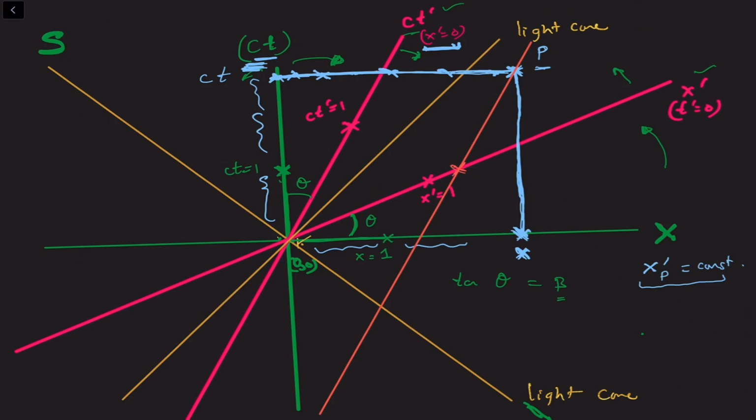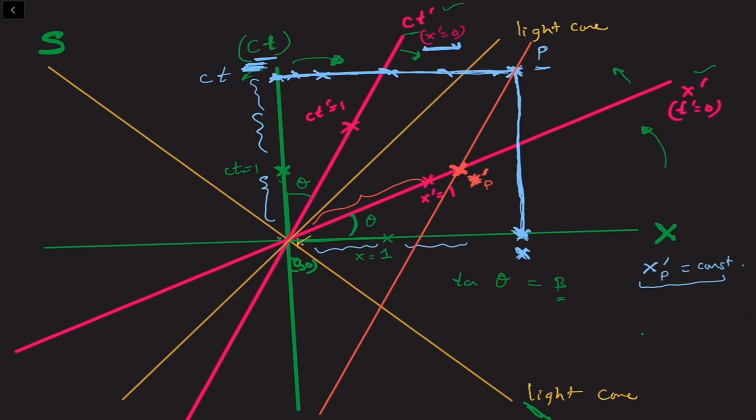And now that we know what a unit measure is along the x prime axis, we can figure out how many unit x primes we have to travel to get to this point. That would locate for us the value of x prime P. Remember, everywhere on this line x prime P is constant. This is just locating the value on the x prime axis.